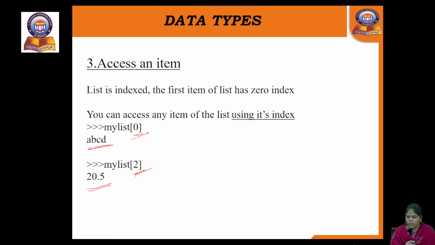You can even change the value which is at the specified index. Say I want to change this value. Instead of 20.5, I want 200.5 or 300.5. I can do it just by using my list of 2 equal to whatever value I want to update. Now whenever you print my list, it will give the updated value.